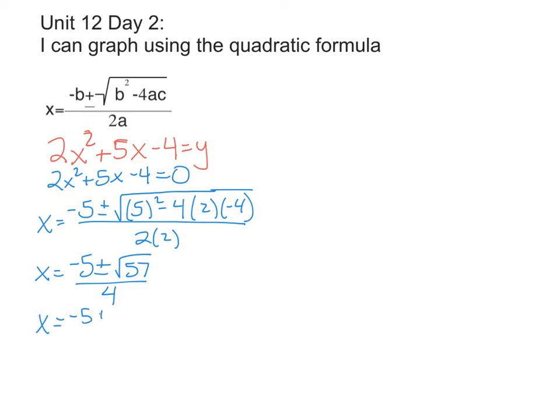Plug the square root of 57 on your calculator and you'll get a decimal, and that's okay. Negative 5 plus or minus, so it's about 7.55 over 4. Okay, so we have to break that apart.